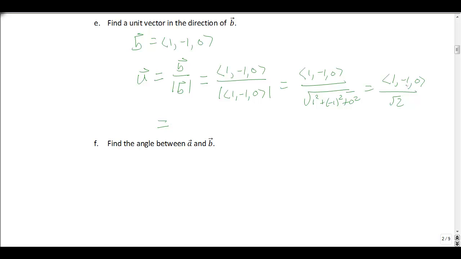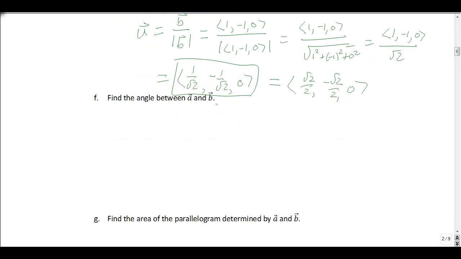And you can take a vector, divide by a scalar, and do that component-wise. And so we get 1 over the square root of 2, negative 1 over the square root of 2, 0. You could rationalize denominators, multiply by square root of 2 over square root of 2 if you want to. I think this answer is fine. If you wanted to rationalize that, you'd get square root 2 over 2, negative square root 2 over 2, and 0.